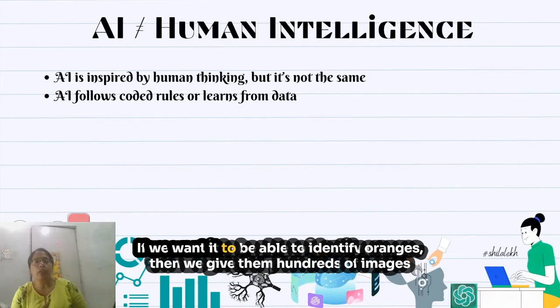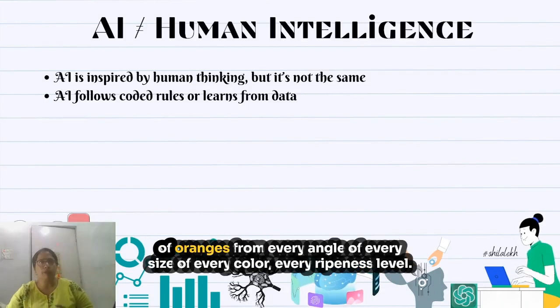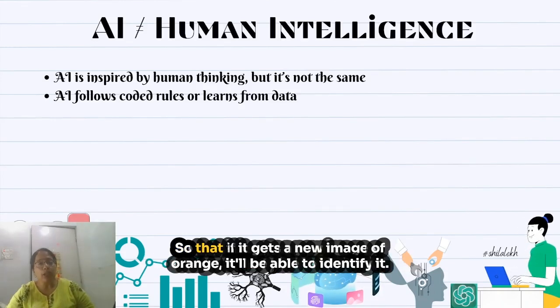If we want it to be able to identify oranges, then we'll give it hundreds of images of oranges from every angle, of every size, of every color, every ripeness level, so that if it gets a new image of an orange, it will be able to identify it.